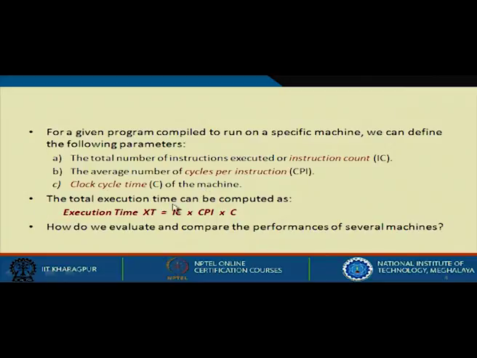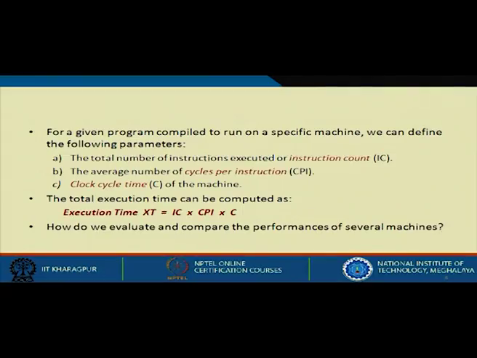Now, what will be the total execution time? The total execution time, we call it XT, can be computed as instruction count multiplied by the number of cycles required per instruction, multiplied by the clock cycle time, or we can say the period. So, how do we evaluate and compare the performances of several machines? Next, we will see that.